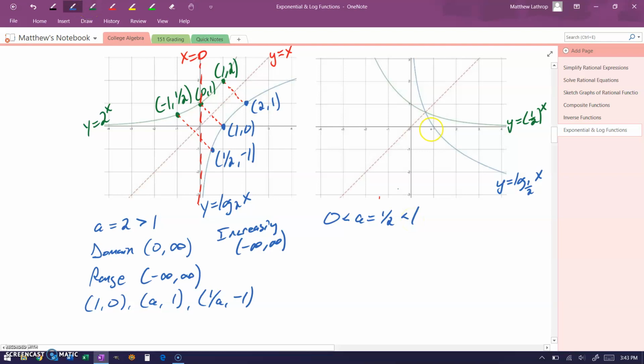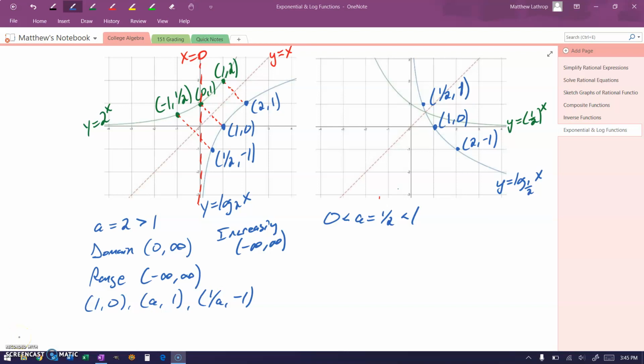Our log function is going to be passing through the points (1, 0), (2, -1), and (1/2, 1).